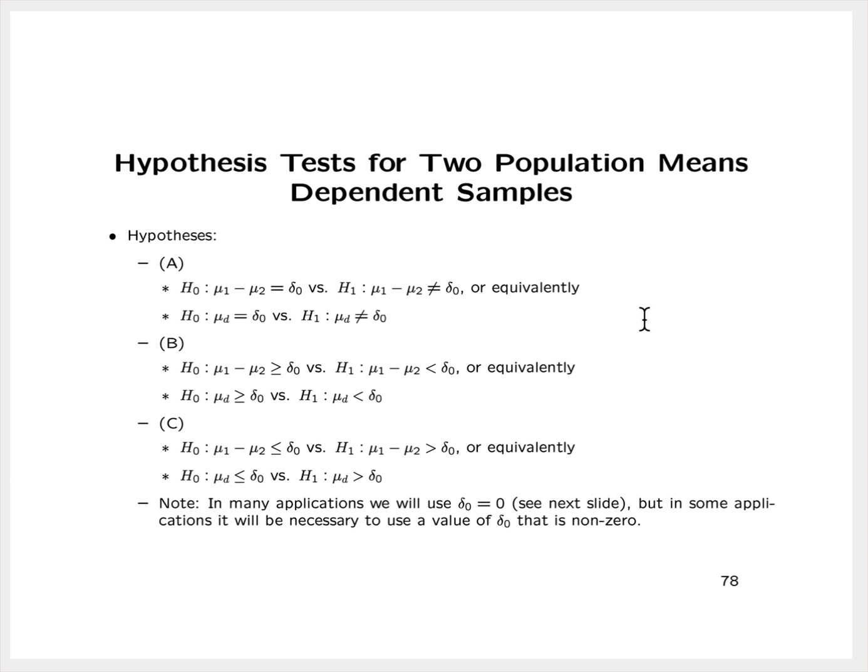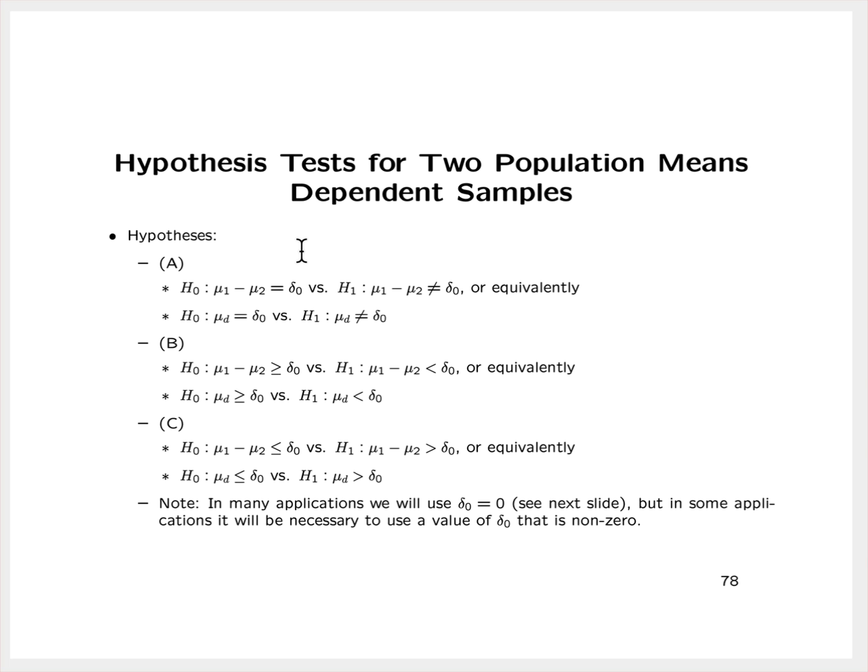And so here are the hypotheses that we can test, expressed both in terms of the difference mu1 minus mu2 as well as in terms of mu sub d. And so we can express these hypotheses either in terms of a single population mean or as the difference between two population means.